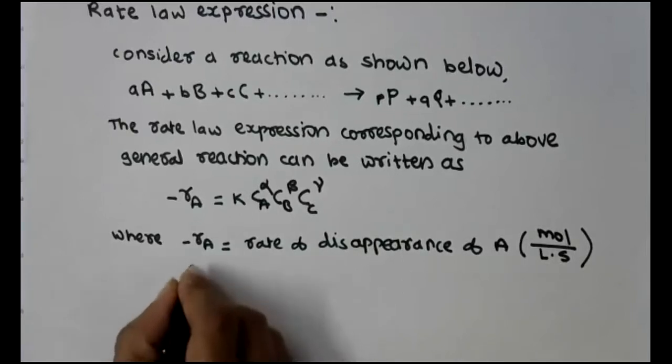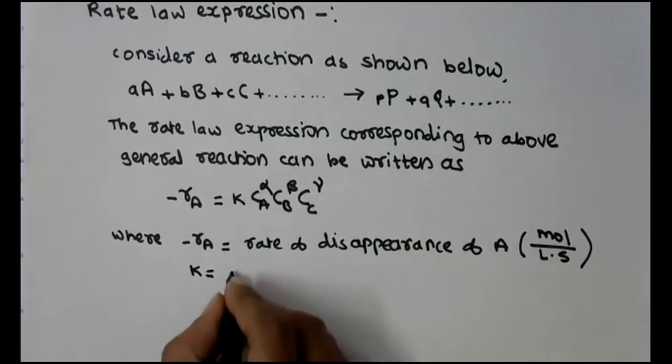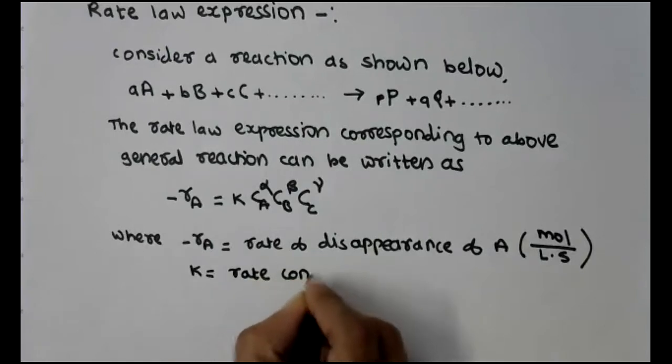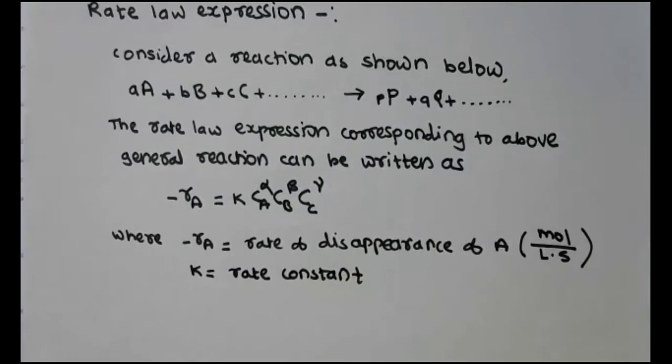Now small k is known as the rate constant. Now you may ask me, what is the unit of rate constant? I will not write the unit of rate constant here.